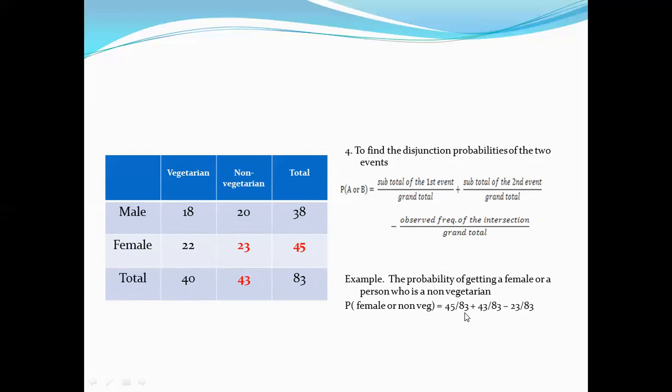First, the probability of female: 45 over 83, plus the probability of non-vegetarian, which is the total of non-vegetarian over the grand total, minus the intersection of female and, at the same time, non-vegetarian, which is 23 over 83. Then we perform the operation, which gives us 65 over 83.